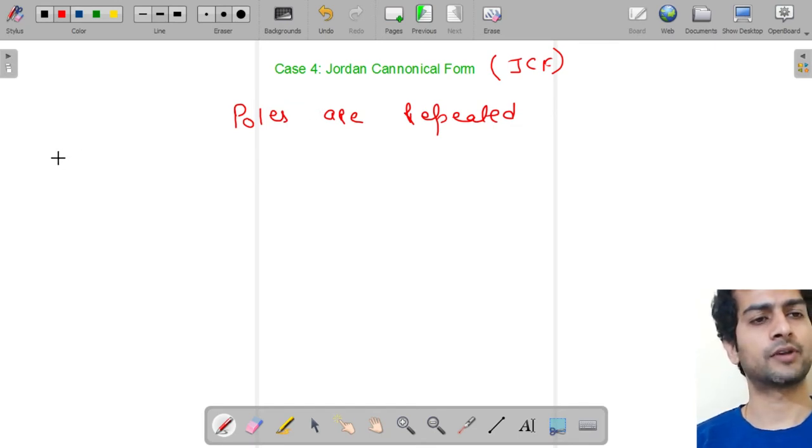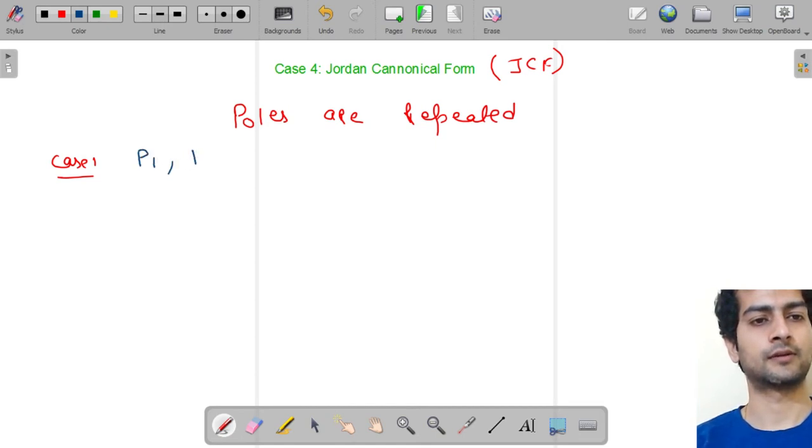For example, case 1: let the poles be, let's take P only, because in DCF we represented poles in P, so it will be easy for you to understand.